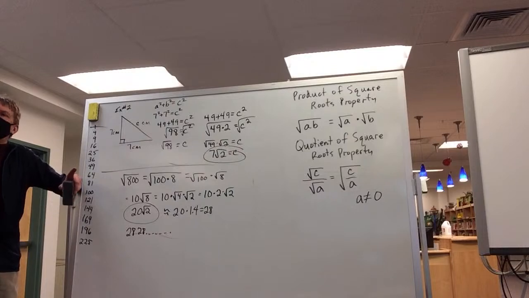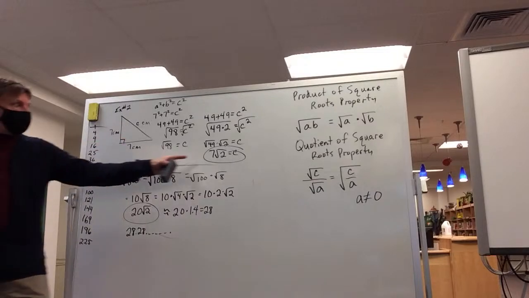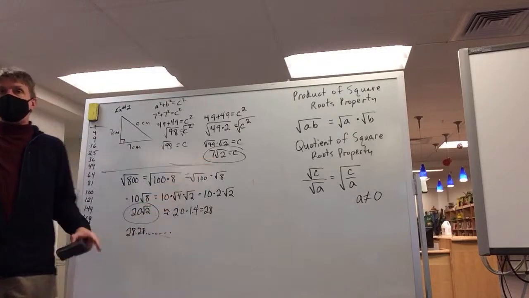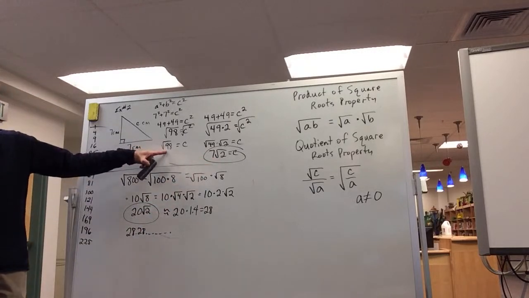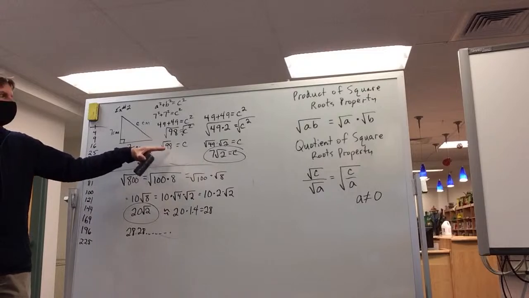You may live in a calculator world, but calculations that get done in the real world are done like this, and we wait until the very, very end of all of the work to come up with an estimate. So if this is as far as we have to go, then you could estimate this. You could put it into your graphing calculator, you can come up with 9.8 or 9.9, because this is very close to 100.